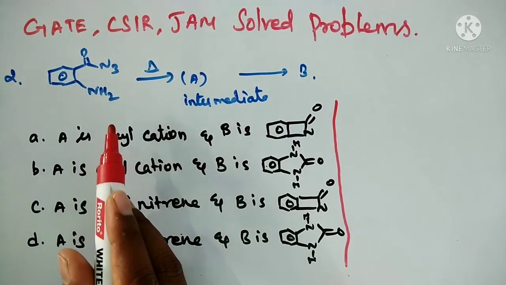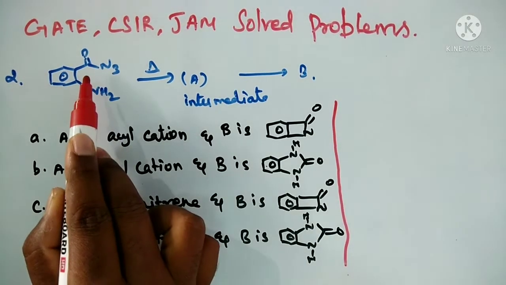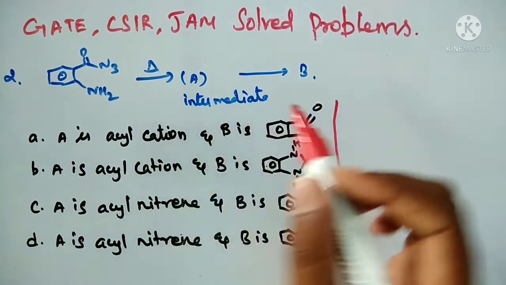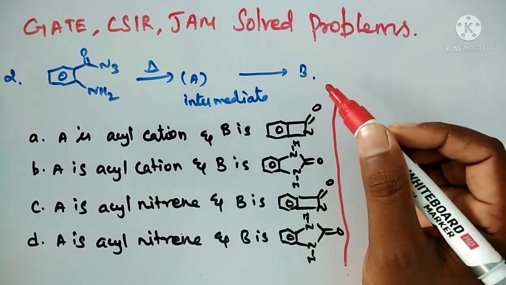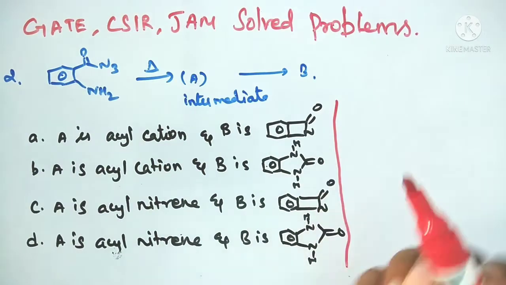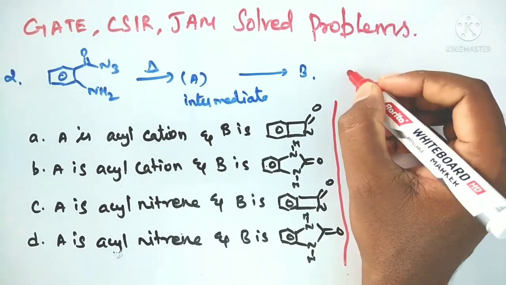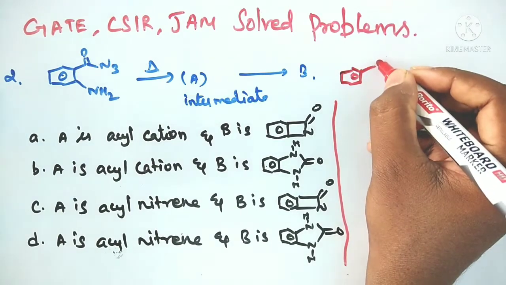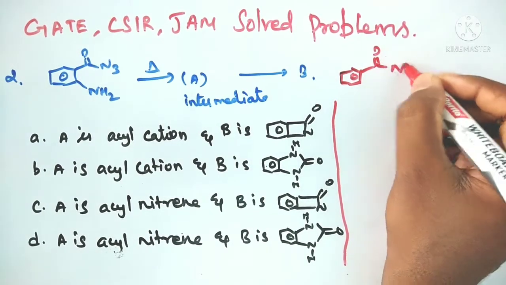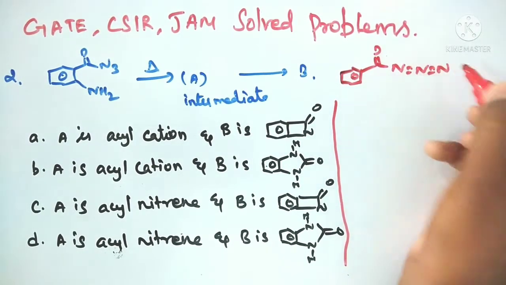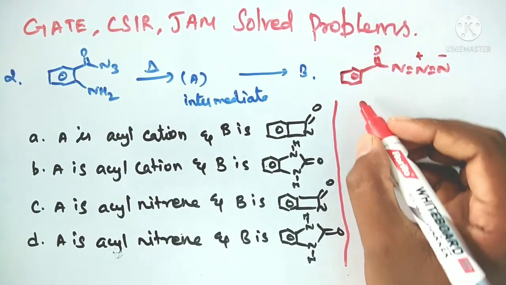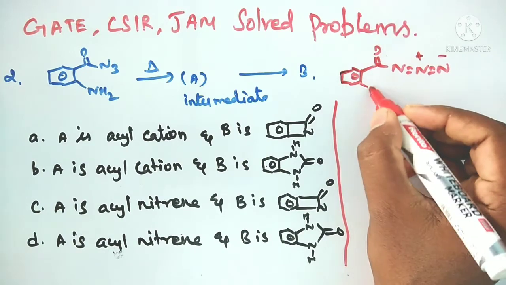Let's look at this example. Acyl azide, upon heating you will get an intermediate, then product B. Acyl azide, if you heat, what will happen? C double bond O bond N double bond N minus plus bond NH2.